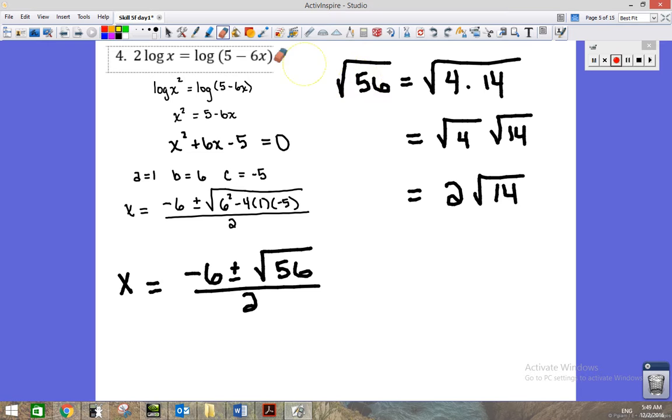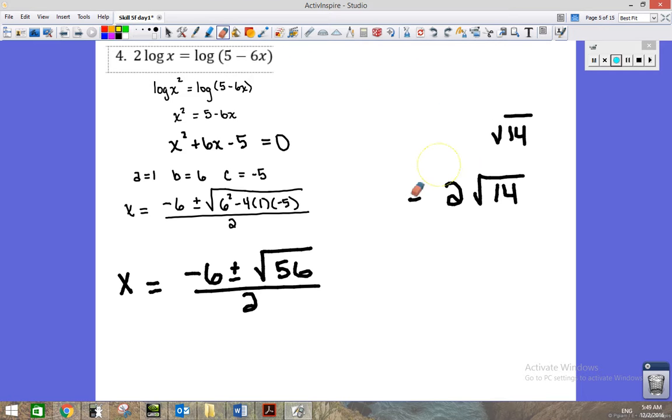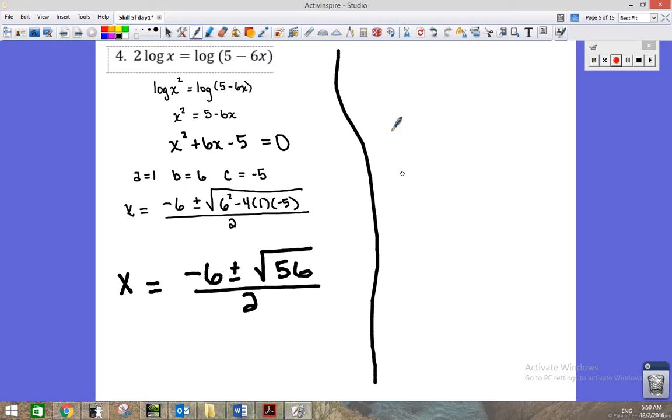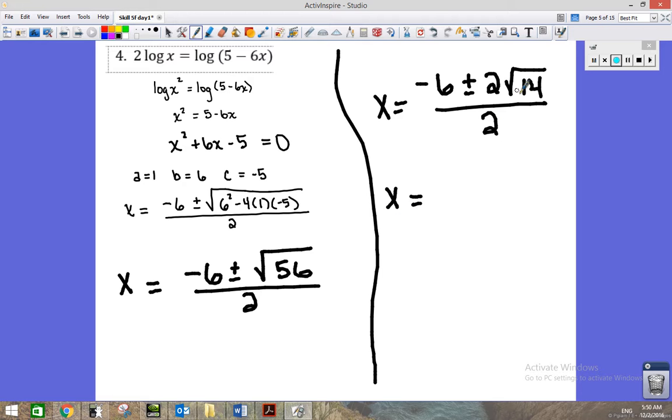Alright, so I'm going to continue up here, negative 6 plus or minus 2 radical 14. We just determined that that's the same number as the square root of 56, and all this is being divided by 2. So with both of these being even numbers, if I factor out a 2 from the numerator, then see, you can't cancel terms.